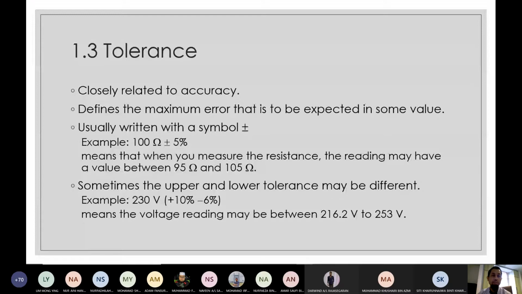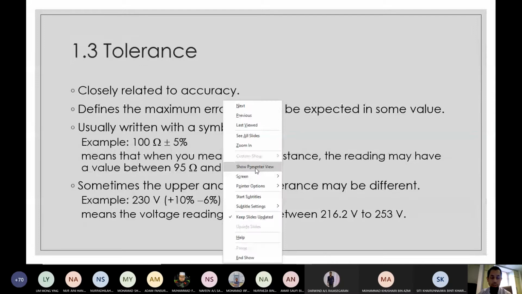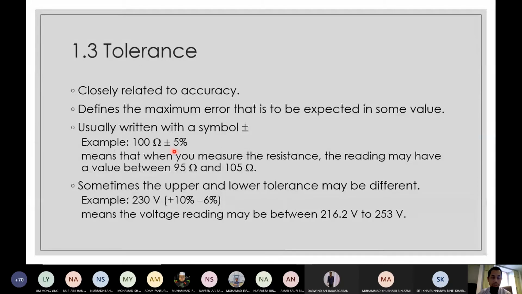So for example, if you have 100 ohms, plus minus 5%, the value of the reading should be within 5% of 100 ohms. So when you measure this resistance, the range should be between 95 and 105.